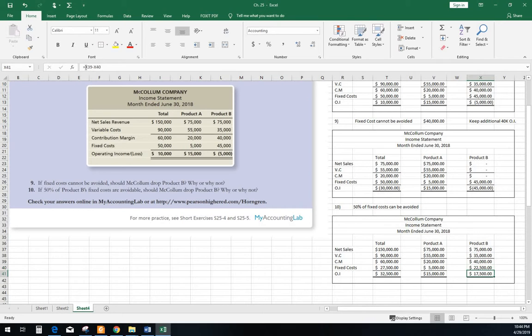That's 50%. So now rather than being 45,000, they're now 22,500. However, in order for those fixed costs to go down, we're going to have to drop the product. Net sales go to 0, variable costs go to 0, contribution margin is 0, and we have $22,500 in fixed costs.